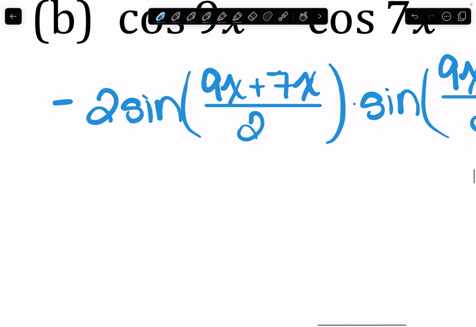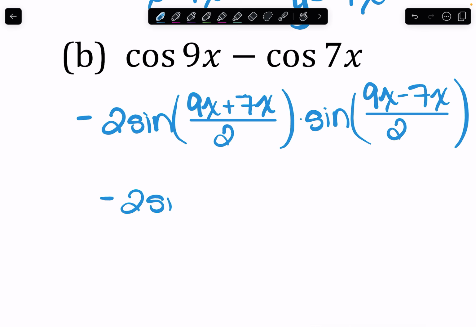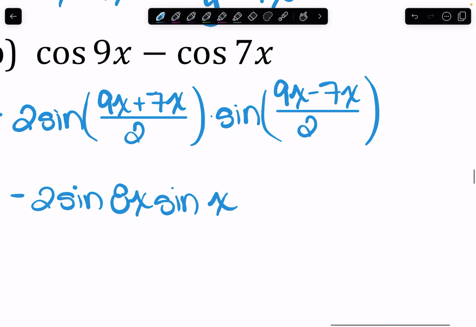All right, so we got our negative 2 sine of 9 plus 7, 16 over 2, 8x, times sine of 9 minus 7, 2x over 2, x.